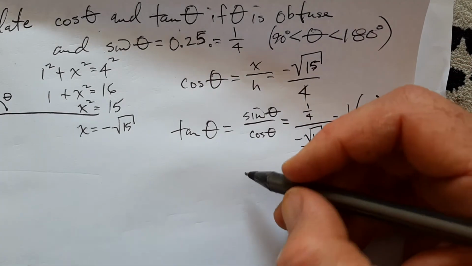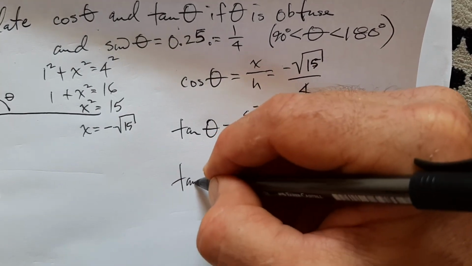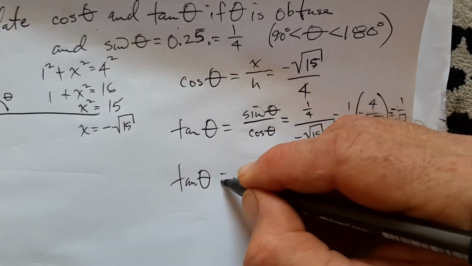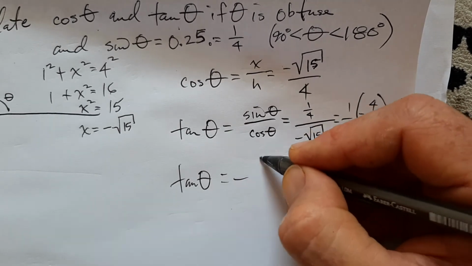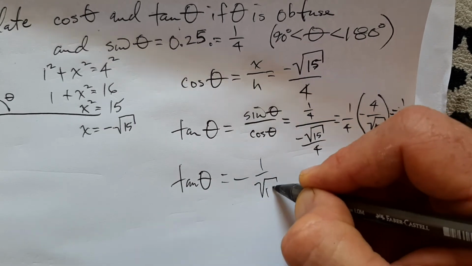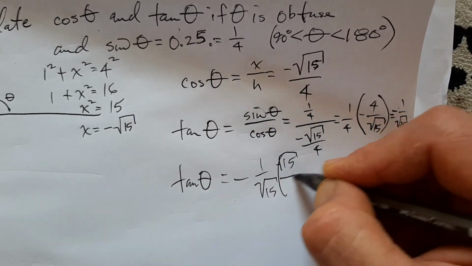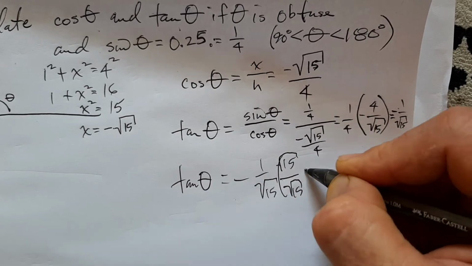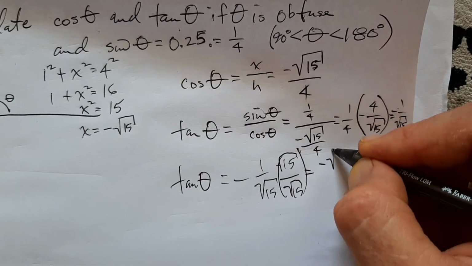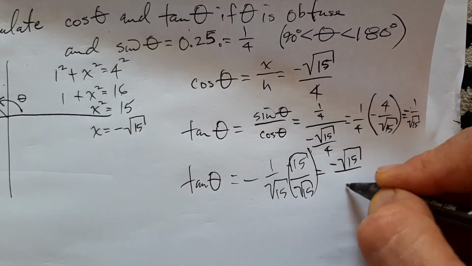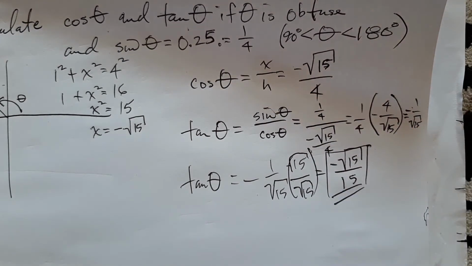Then negative 1 over square root of 15 times square root of 15 over 15. I know you're bound to have this memorized, and maybe your calculator does it for you at this point. But there we go. Those are two ratios.